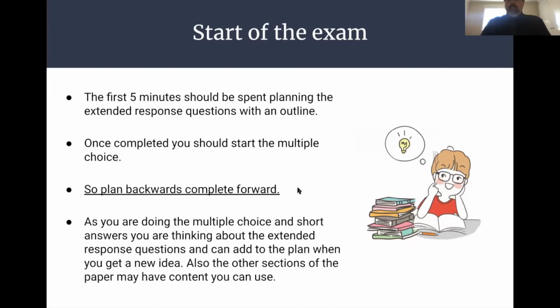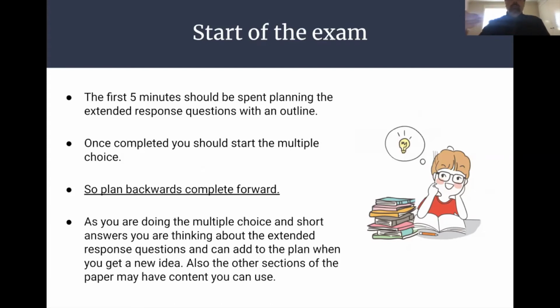The reasoning is, as you're doing the multiple choice questions first and then the short answers, you already have an understanding of what's coming later on in the exam. So in your mind, ticking over is that question about macroeconomic policy or current account deficit exchange rates, whatever it is. So you can then keep going back to that plan in your writing booklet as you think of ideas.